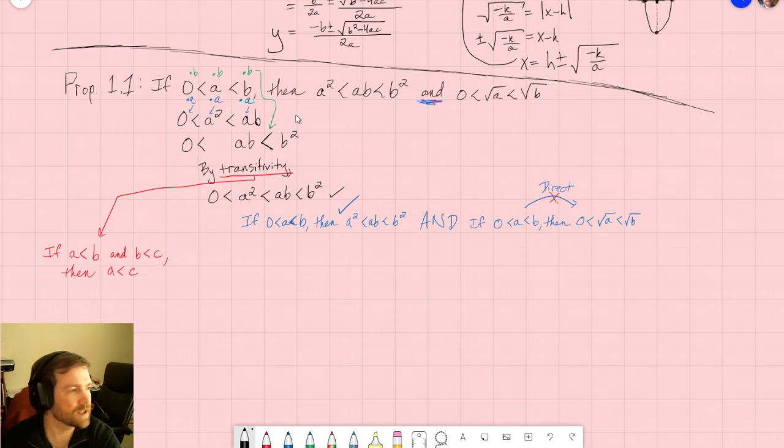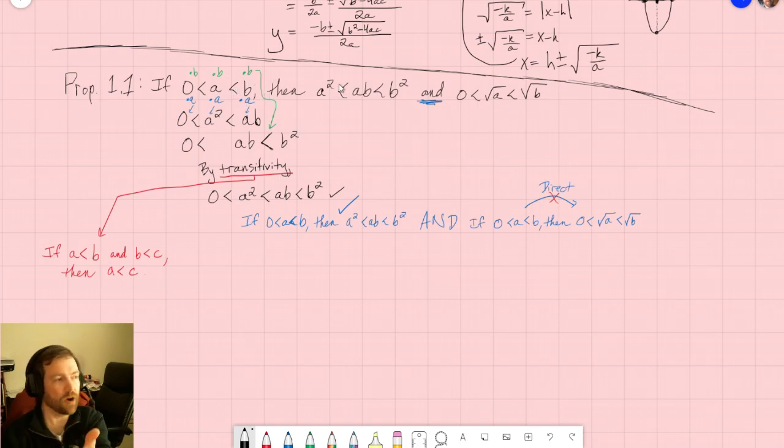So this is a direct proof, where we start with a known fact, and then we use those facts. A direct proof is when you start with a known fact. So we said if 0 is less than a is less than b. We take that as our assumption, that this has to be true.